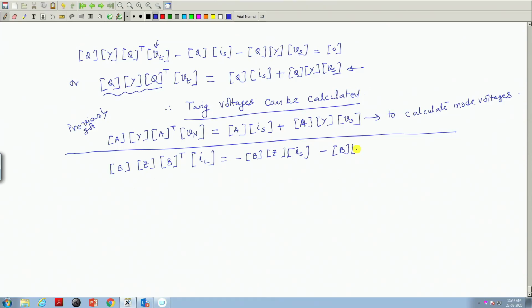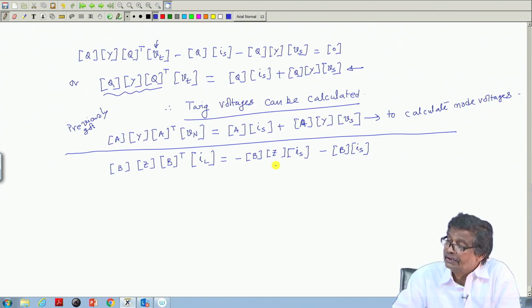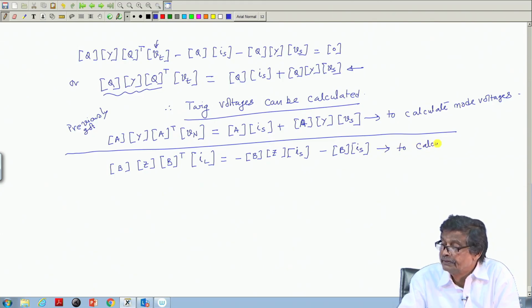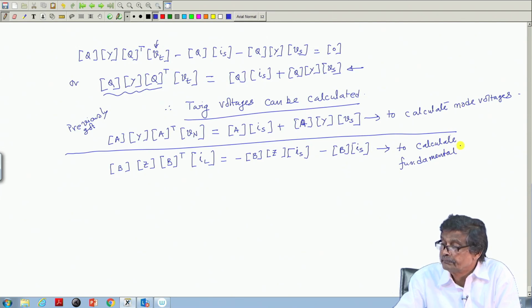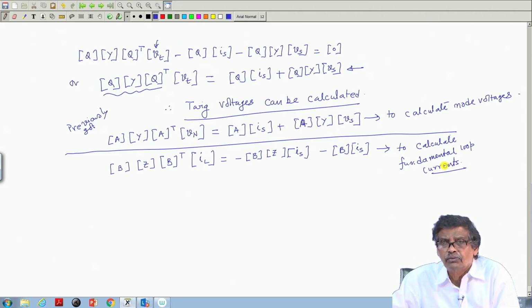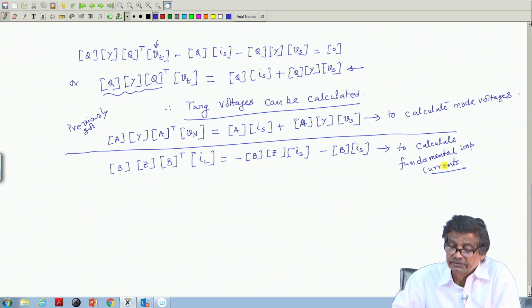So, right hand side is the source, clear. From this you will get the fundamental loop currents, and if you know the fundamental loop currents, then you have solved the circuit, it is understood.